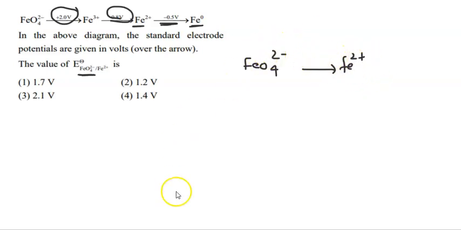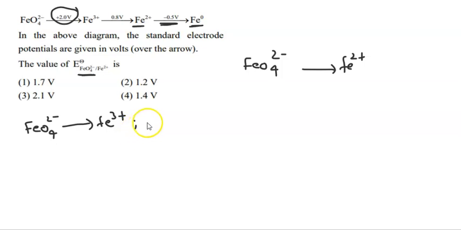So for that, what I have to do means, take FeO4 2 minus, that has been changed to Fe3 plus. The oxidation state of Fe in FeO4 2 minus is plus 6 and Fe3 plus is 3.